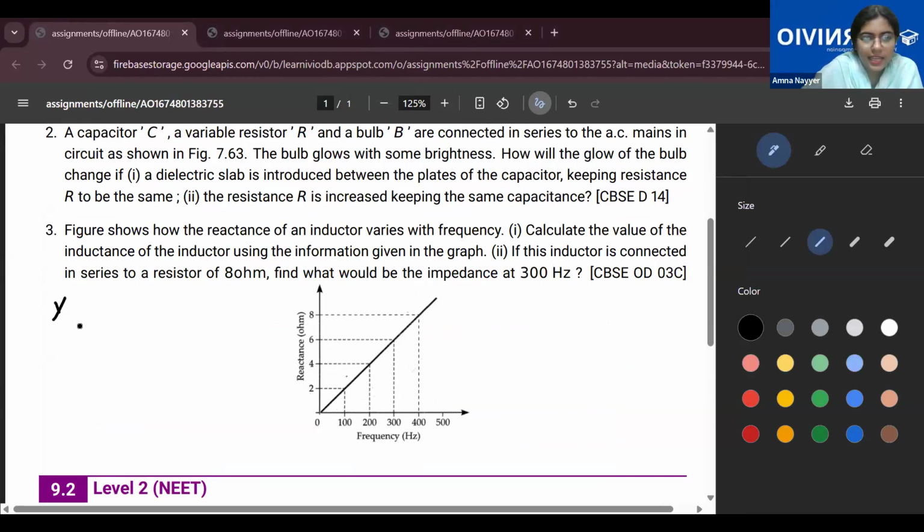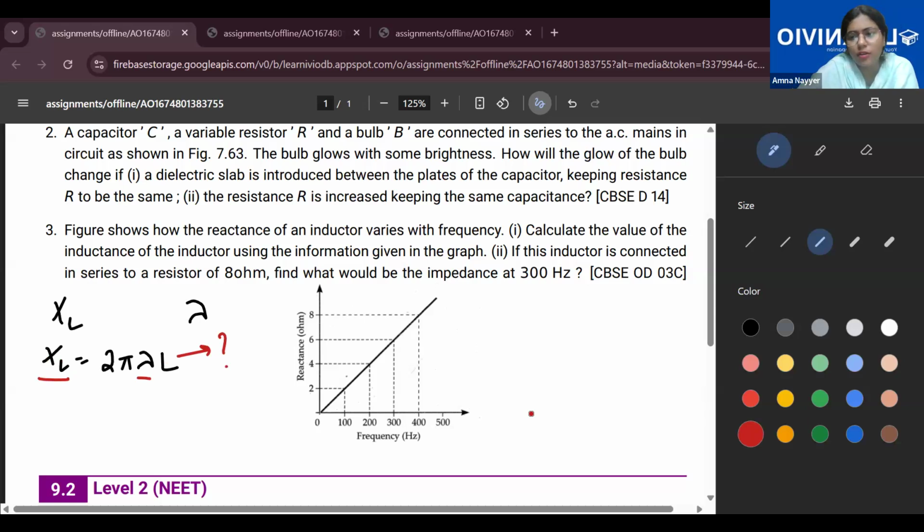It means XL is given to you from this side and the linear frequency is given. So you already know a relationship. XL is equal to 2 pi nu L, right? So the question says calculate the value of inductance, means L is to be calculated, XL and frequency have to be extracted from the graph.